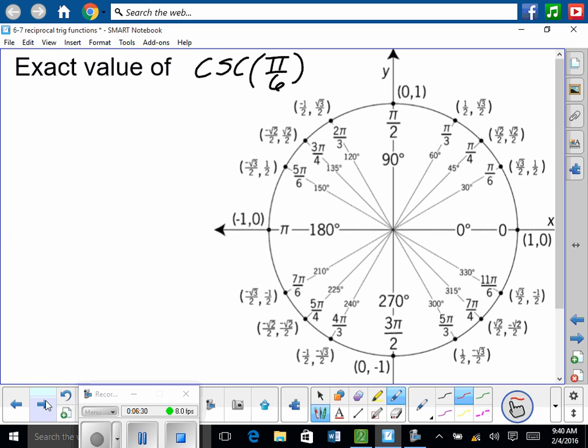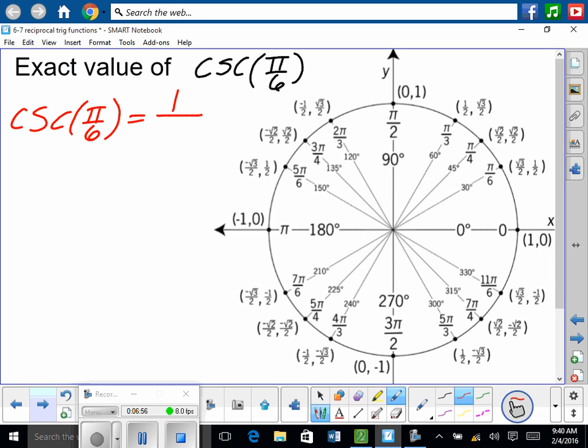Okay, so now we're just going to use our unit circle to find these values. It's not much harder, just a little bit more algebra involved. So it says, find the exact value of cosecant of pi over 6. So you have to ask yourself, what is cosecant? So cosecant of pi over 6 is equal to 1 over, it started with C, right? So we do opposites, it's 1 over sine, right?